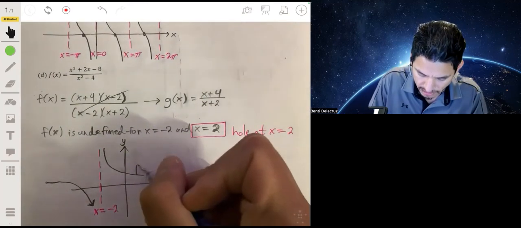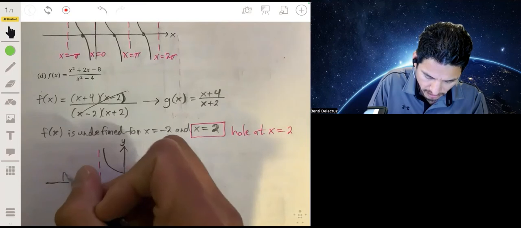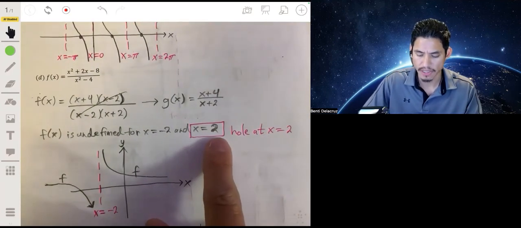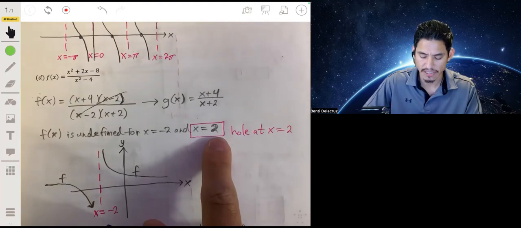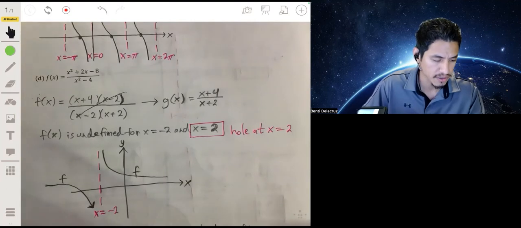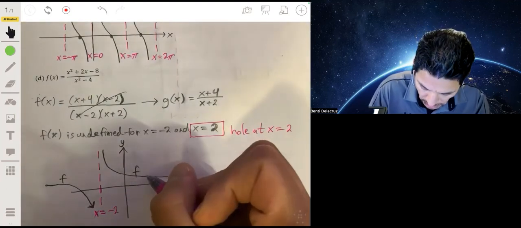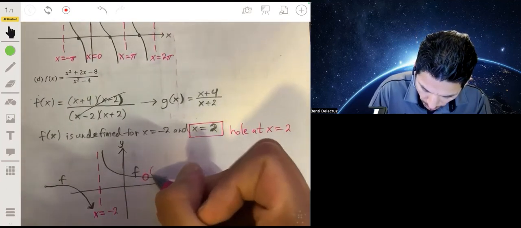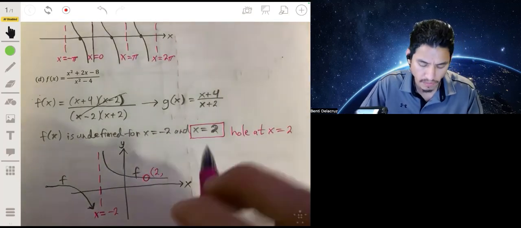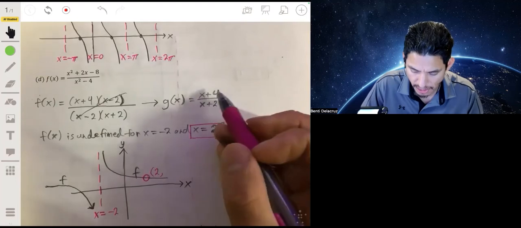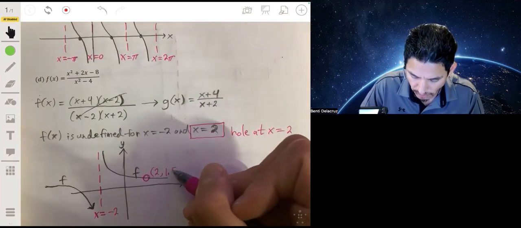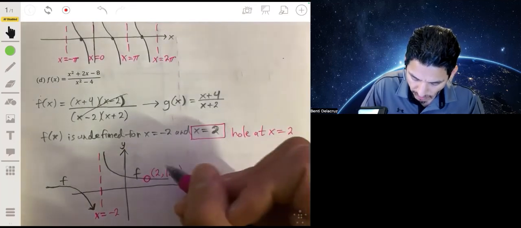Now I'm saying that this is for f, our original function graph. But remember, since f is not defined for x equals 2 and negative 2, we took care of negative 2, but at 2, we're going to have to put a hole. So at 2, if we evaluated it, you would get 6 over 4, so 1.5. So we would have a hole.